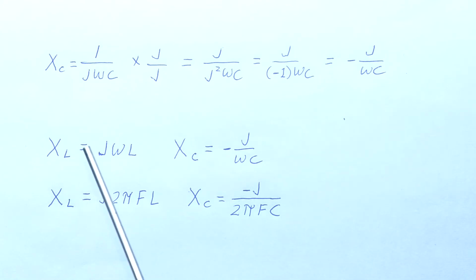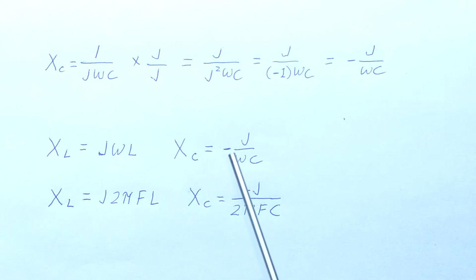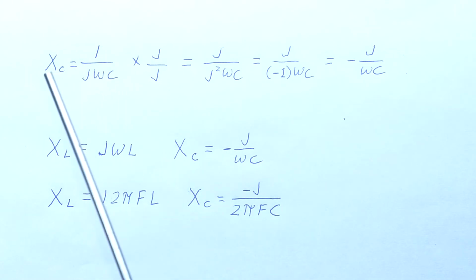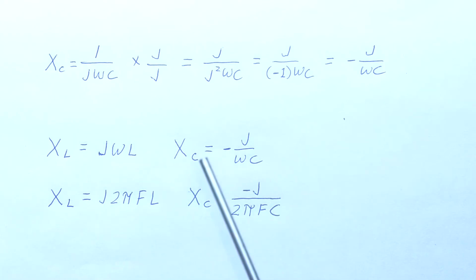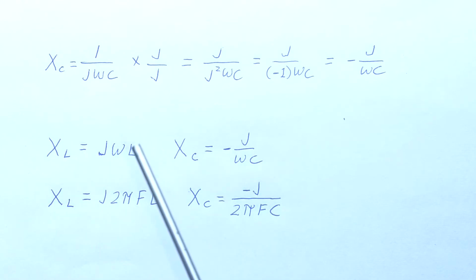Now X sub L is J omega L, and X sub C is minus J over omega C. And this minus was hidden from us here. So the capacitive reactance is negative of inductive reactance.